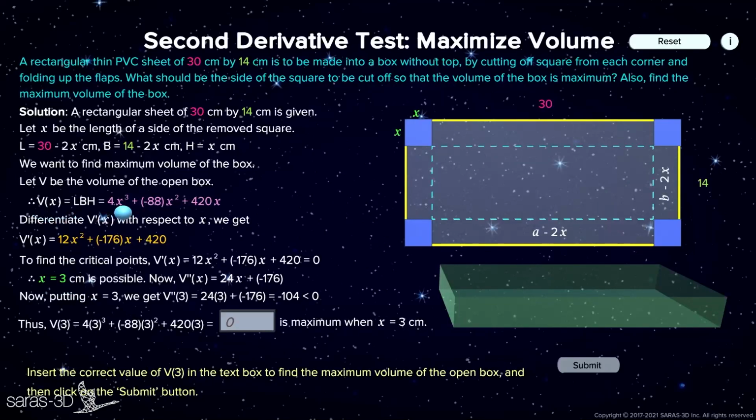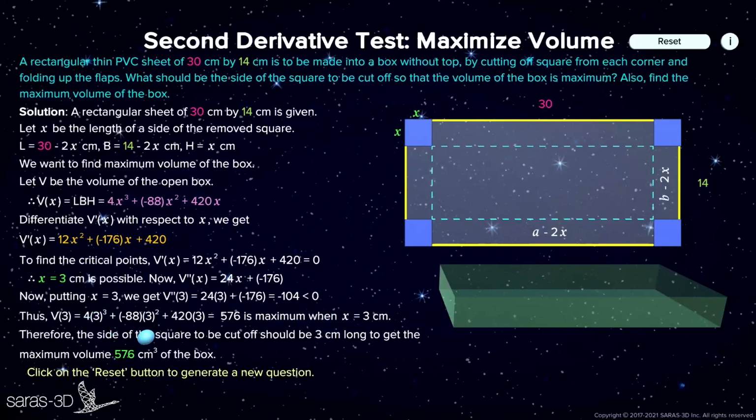So here we just have to substitute the value of x to be 3, and when we simplify this out, it will come to 576. So that means the side of the square to be cut off should be 3 centimeter long to get the maximum volume 576 centimeter cube of the box.